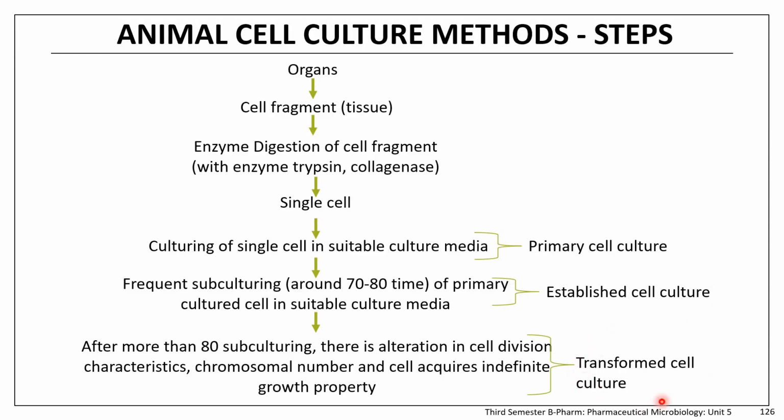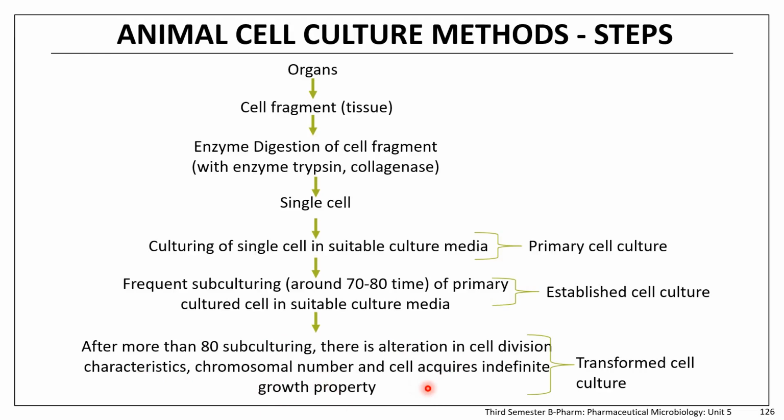In the case of transformed cell culture, they are the cells which are isolated after 80 times of subculturing, and these cells have a property. They have some alteration in their cell division characteristic. They have some alteration in the chromosomal number, and these cells will acquire a property of indefinite growth.